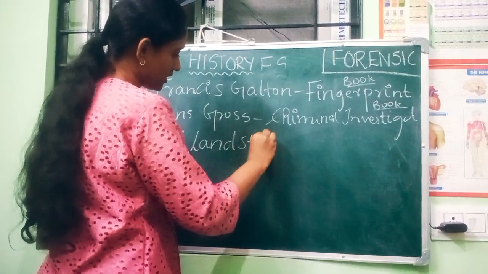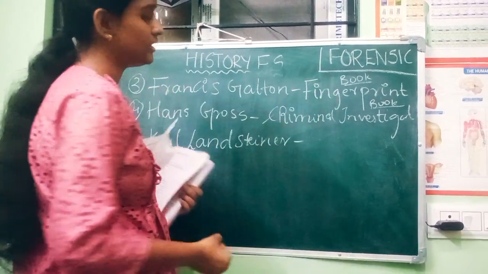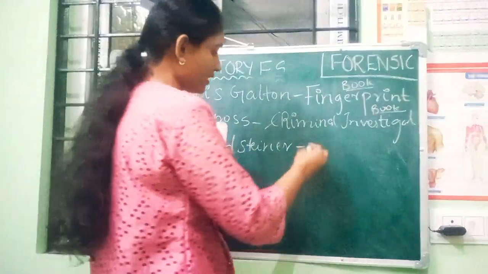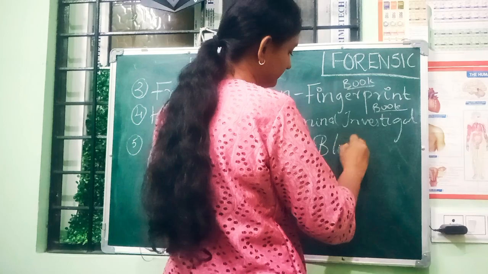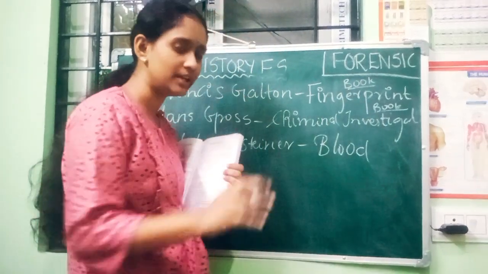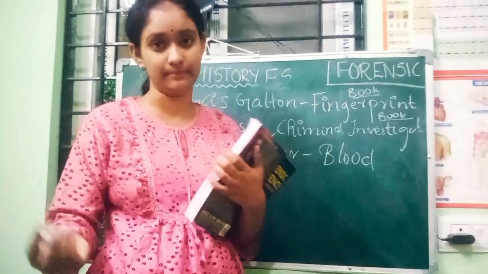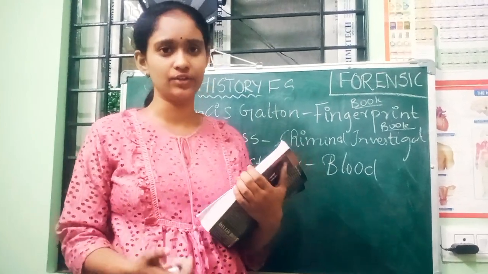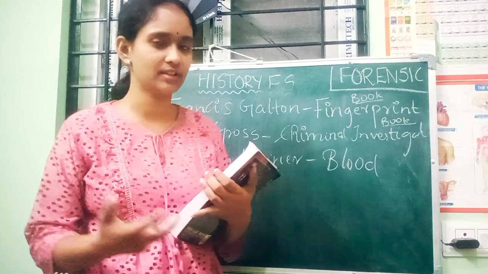Karl Landsteiner is famous for the study of blood. Blood is the major physical evidence at a crime scene, right? If you have blood, you can examine and analyze it. Why?